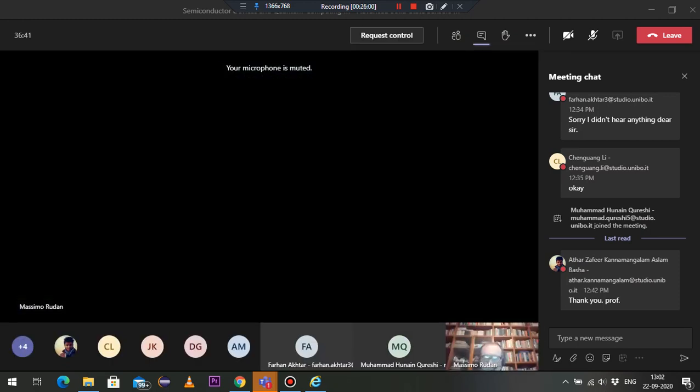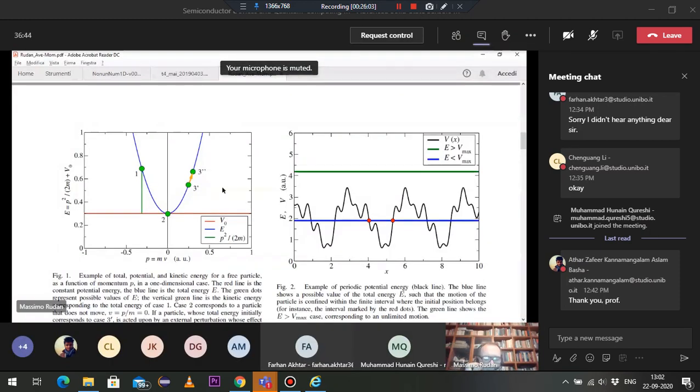At some point, consider the classical situation of a free particle. We said if a particle has an energy corresponding to the dot 3 prime, and somebody perturbs the motion of the particle so that its velocity and momentum increase and energy also increase, then it will shift to the position 3 second.